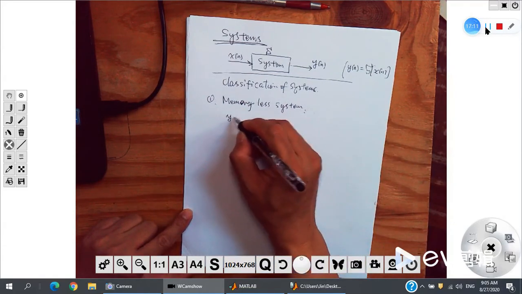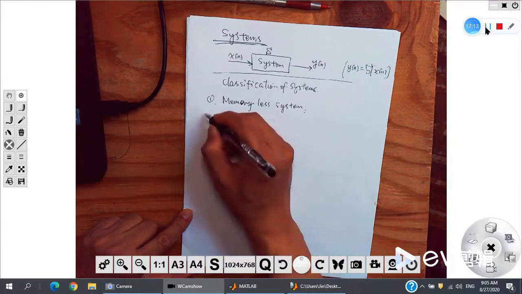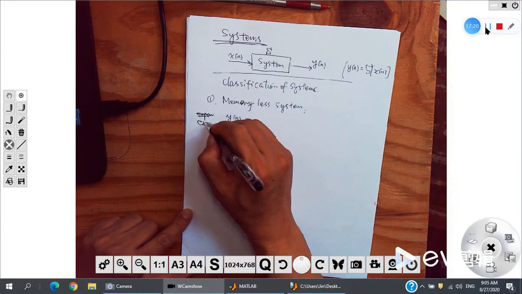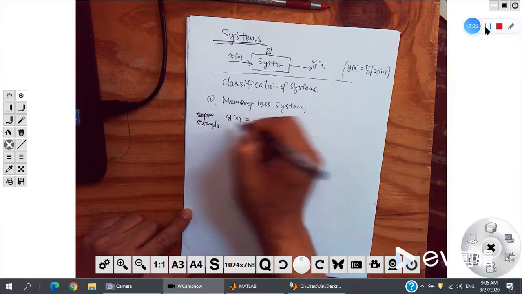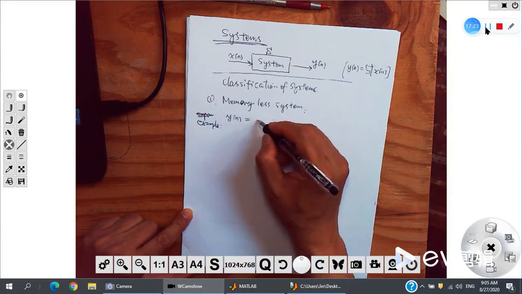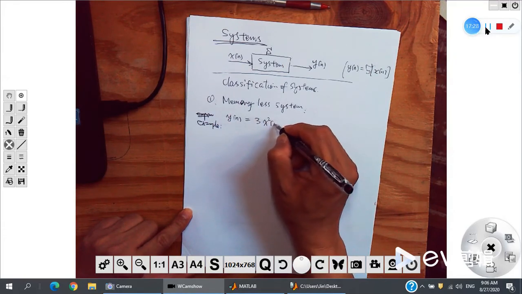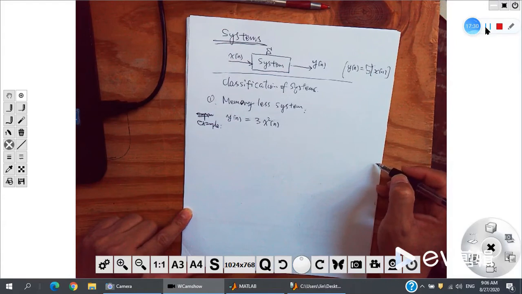I will use an example to explain. So y of n equals, for example, 3 times x squared of n. This is memoryless.